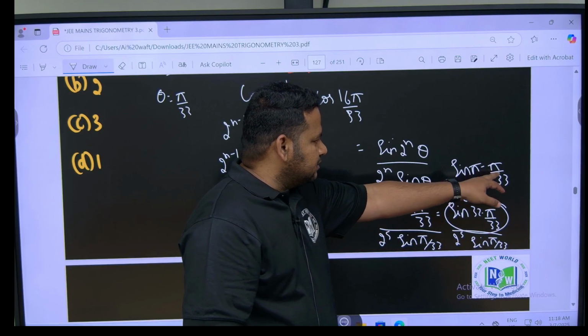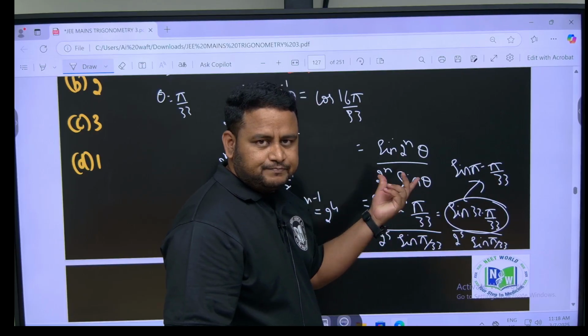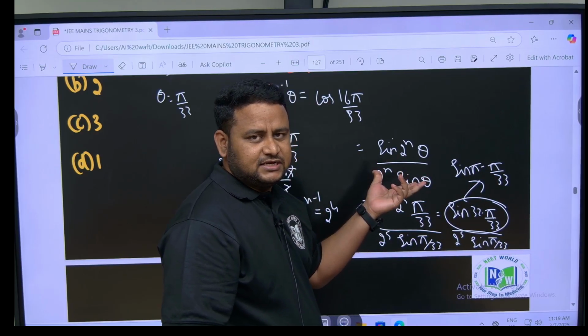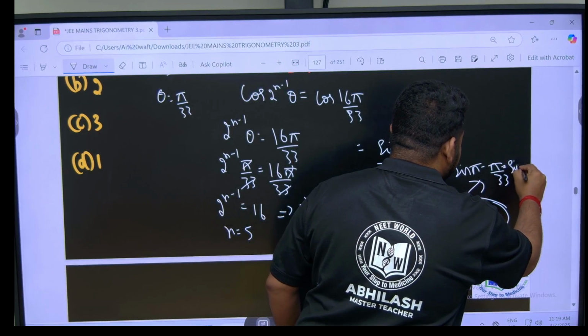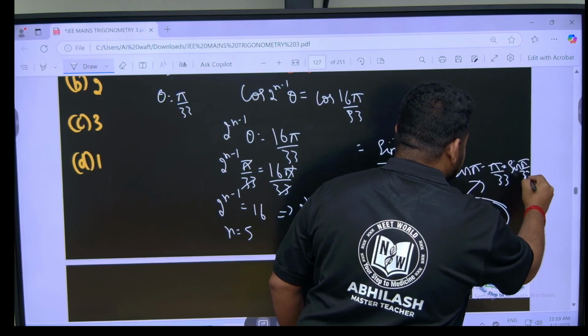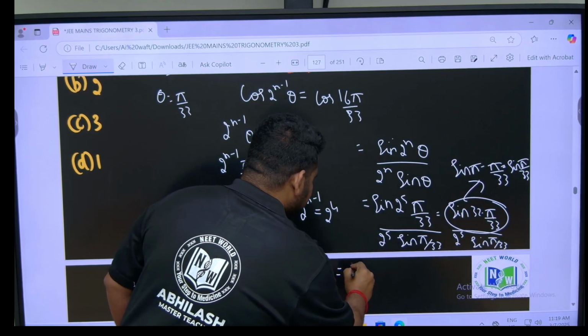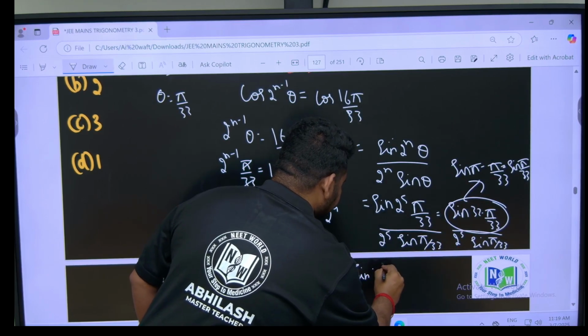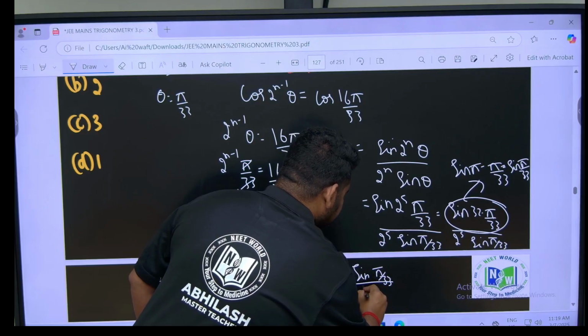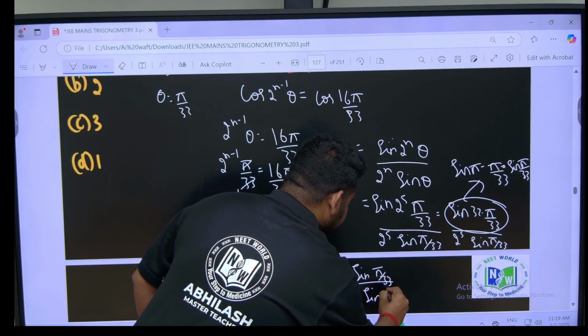Sine of pi minus pi by 33, but we know that sin of 180 minus theta is sin theta. This will become equal to sin of pi by 33. So finally this will be equal to sin of pi by 33 divided by sin of pi by 33.